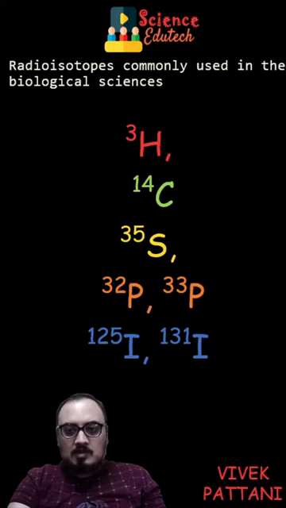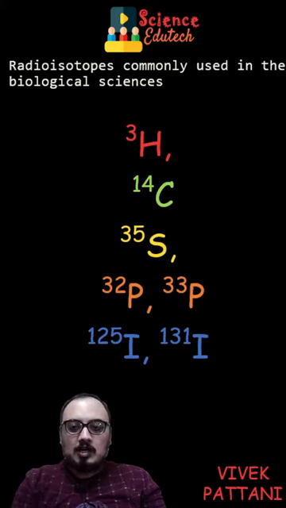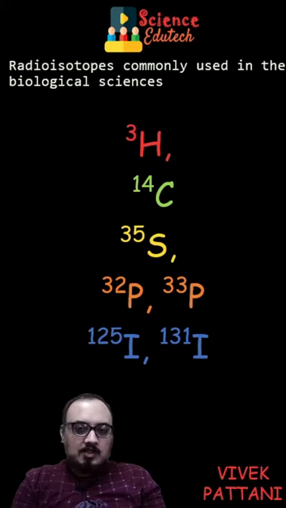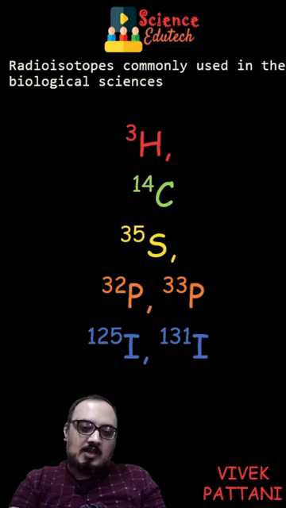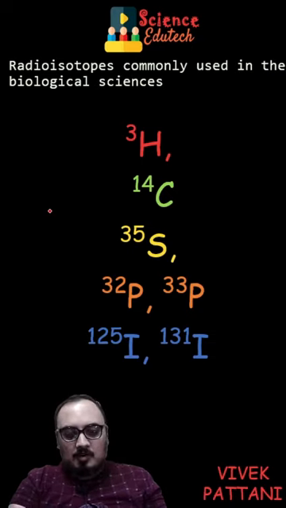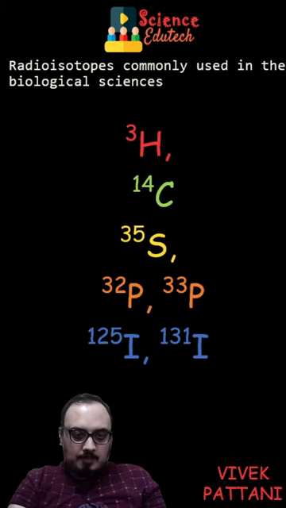For example, hydrogen has about 12.3 years, carbon has about 5,730 years, and 131 iodine has only about 8 days. So different types of radioisotopes have different half-lives.